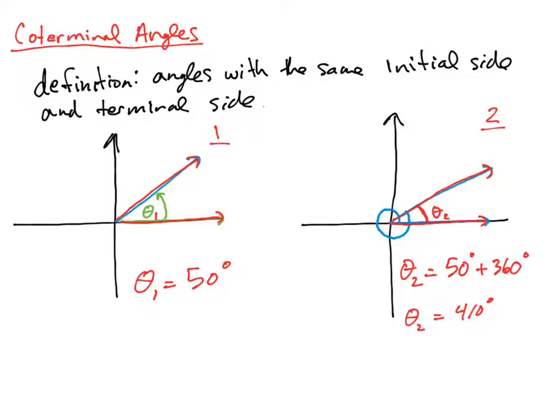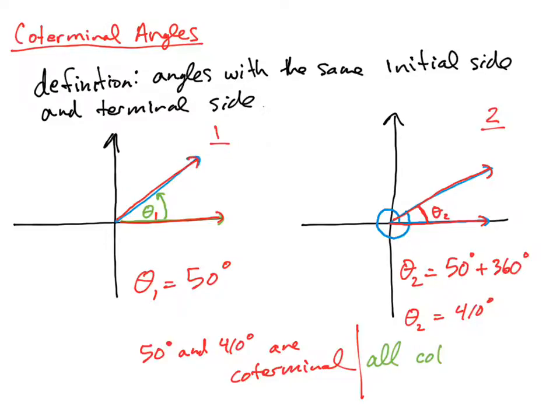So 50 degrees and 410 degrees are coterminal. All coterminal angles are separated by 360 degrees.